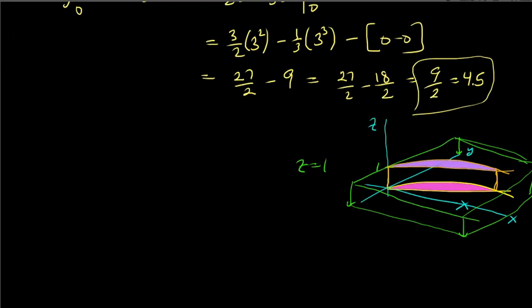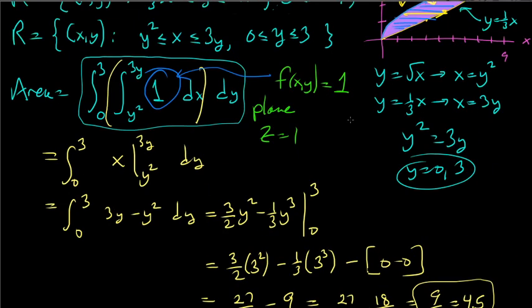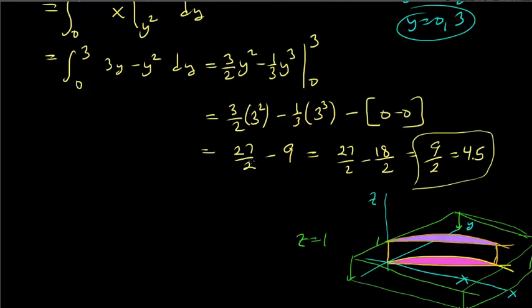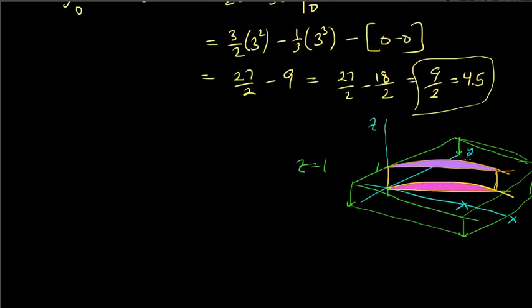So what we're actually calculating, I called it area, but it's really a volume. It's really the volume of this solid region between the xy plane and then z equals 1 up here. But the volume is the same as the area.